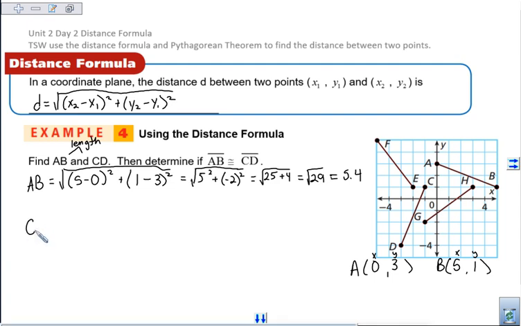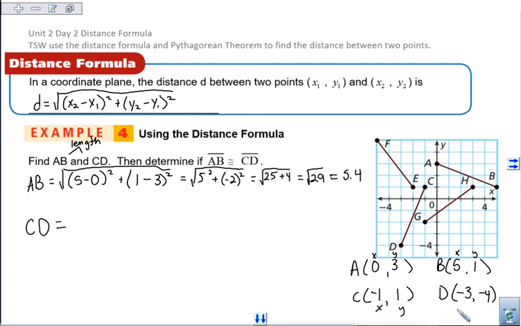Then we need to find the length of CD. So that means we need our points for C and for D. So C is going left 1 and then up 1, so that's a negative 1, 1. And then D is left 3 and down 4, so that's a -3, -4.